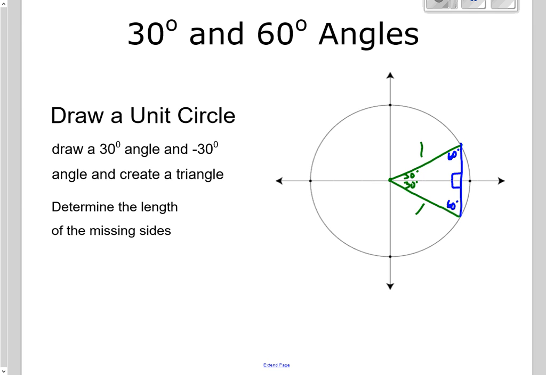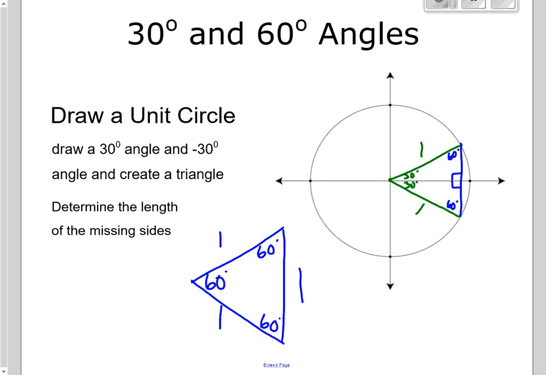All right. So let me pull this out so it's a little bit easier to see. This is what we have. So we have 1, 1. We have 60 up here in the corner, 60 down here in the corner. And then those two 30s also make a 60, which means this is an equilateral triangle. And if it's an equilateral triangle, it has to have side length 1 over on that third side too.